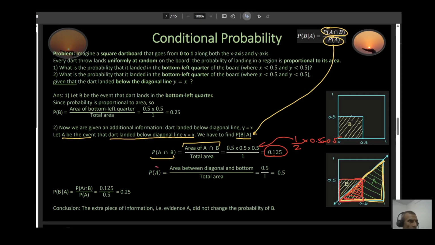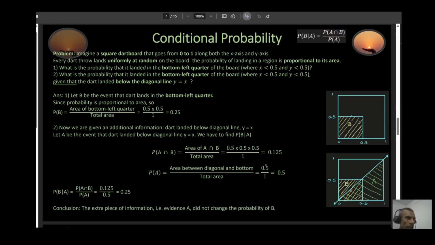Now, the probability that the dart lands in A is equal to the area between the diagonal and the bottom. In other words, let me remove everything now. The probability that your dart lands in this region right here is equal to the area of this region divided by the total area.